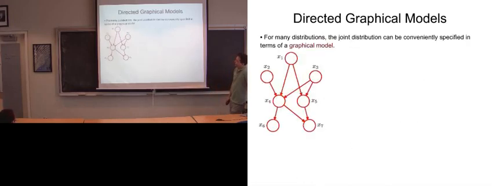Now, let's quickly look at the directed graphical models. We've seen that before. For many distributions, the joint distribution, let's say this is your observed data and these are your latent variables, you can actually sample from the joint distribution.